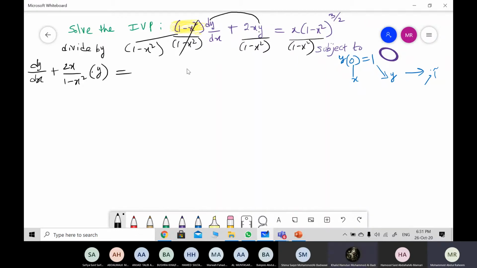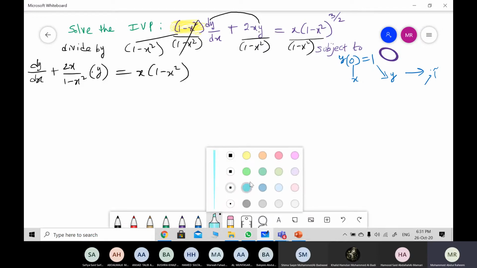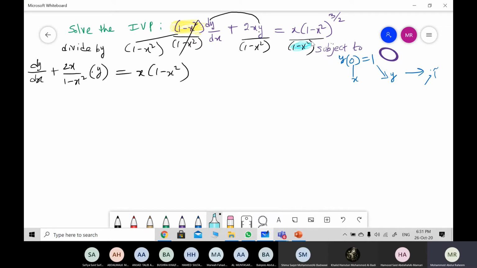But they are the same. Here if you see x (1 minus x squared), these two are the same or not? Yes, same.